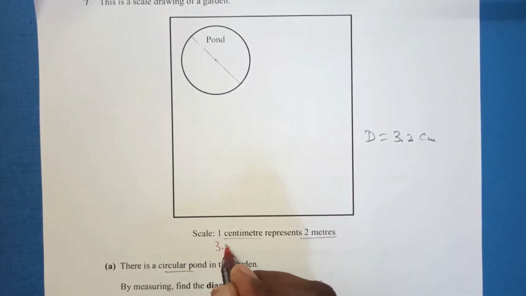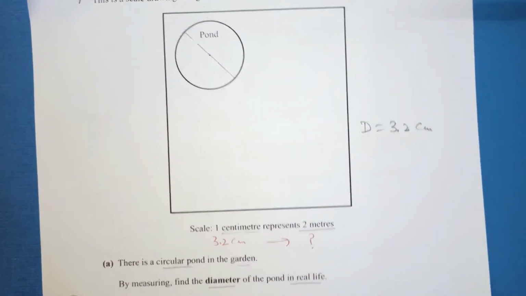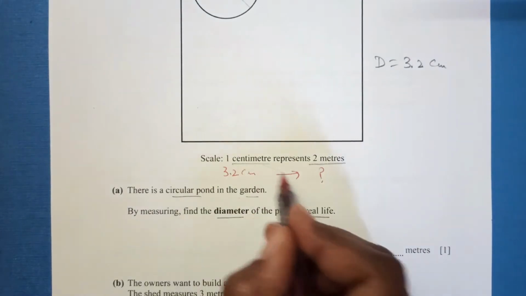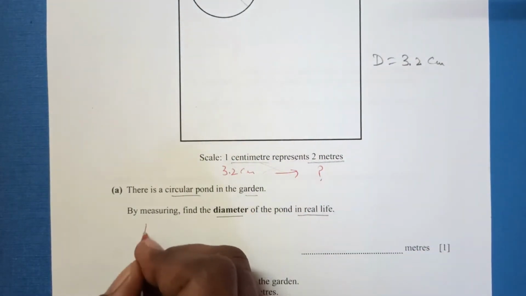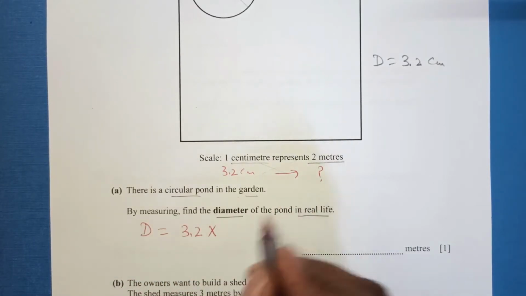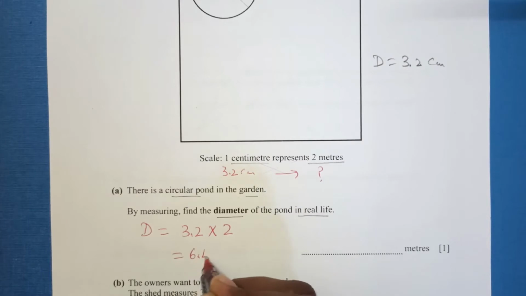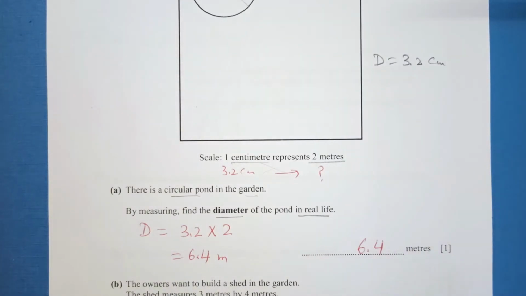So 3.2 centimeters will represent how many meters? We can just cross multiply here. So the real life diameter will be 3.2 times 2, which is 6.4 meters. So in the answer column we write 6.4 meters.